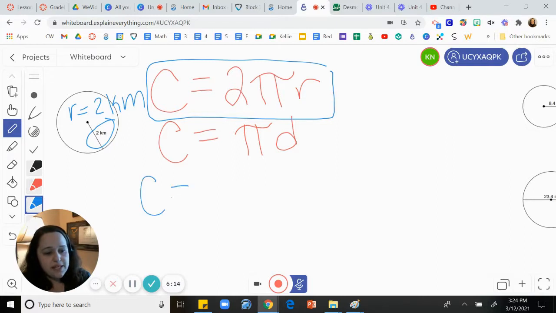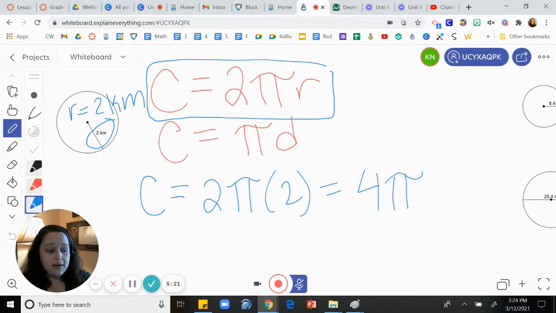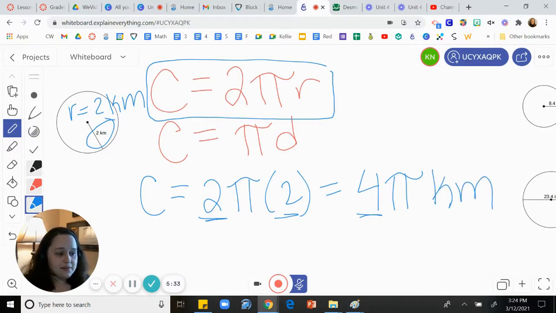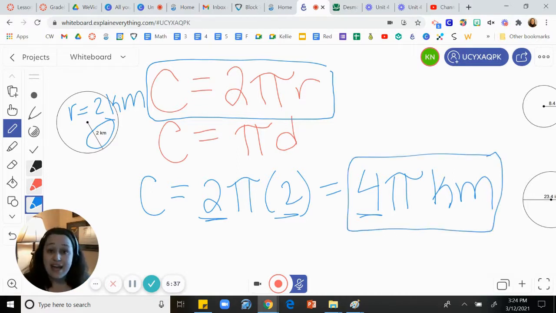So C equals 2 pi times 2, or in other words, 4 pi. I can take 2 times 2, that's how I got my 4, and then I'm multiplying by pi as well. Circumference is a length. So since I started with units here, kilometers, I'm going to make sure to use those same units. So 4 pi kilometers. If I'm asked to give an exact answer or an answer in terms of pi, there it is, 4 pi kilometers.